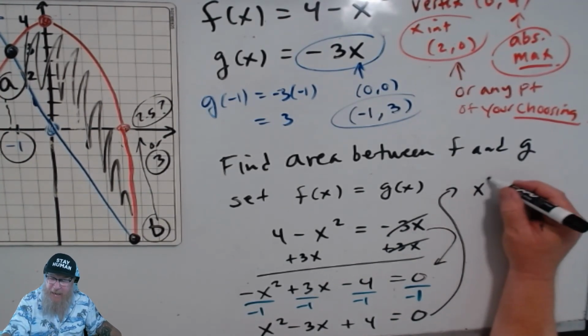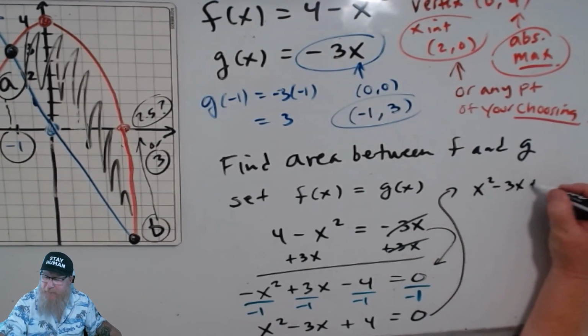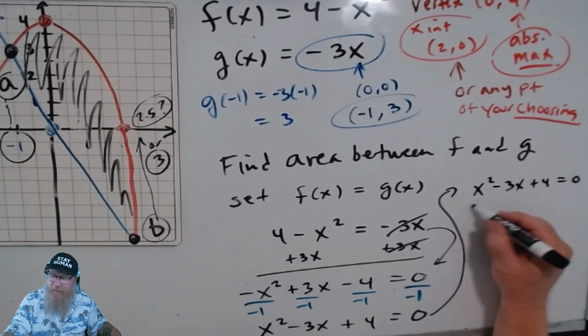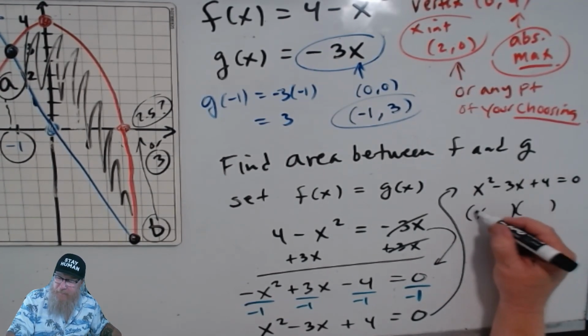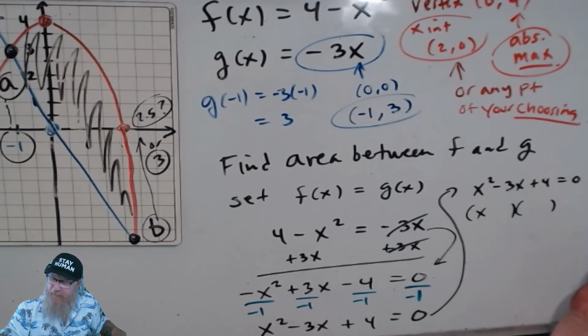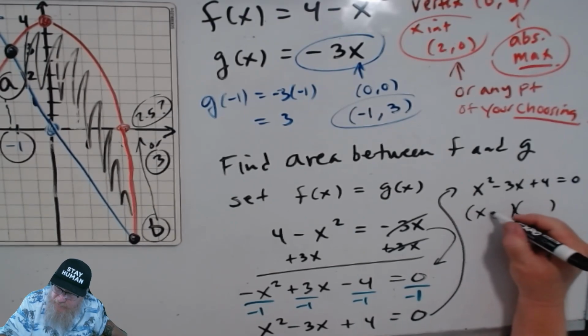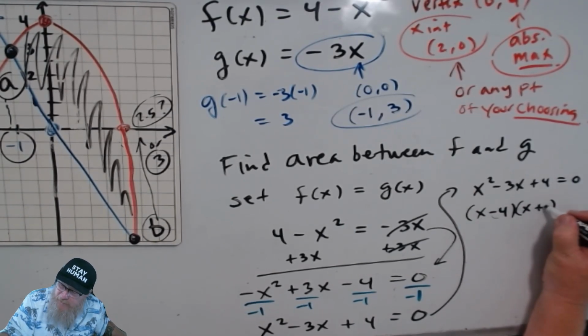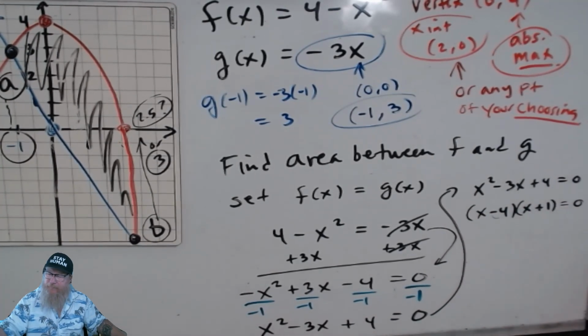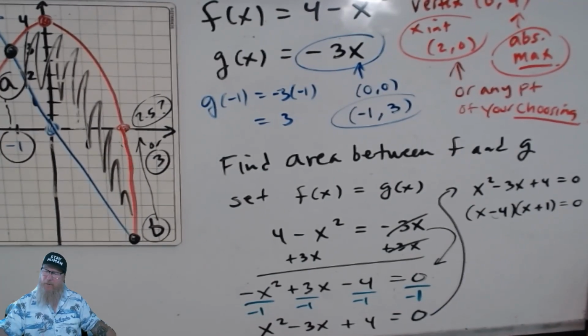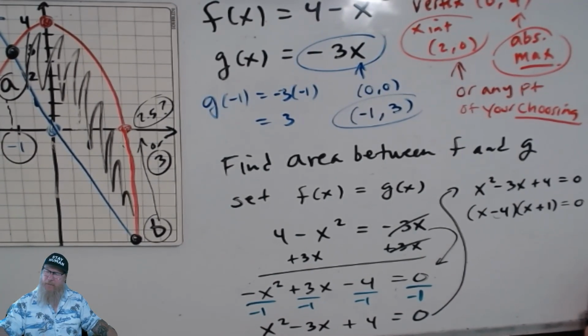All right, so I've got x squared minus 3x plus 4. Let's go with x minus 4 and x plus 1. No, that doesn't work. Huh.